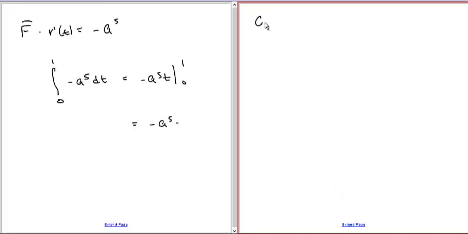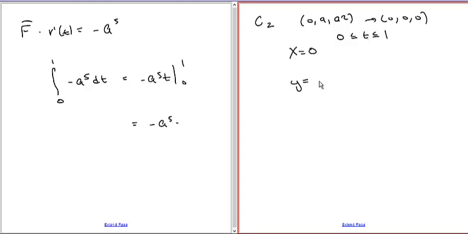And then we have the next curve. We're calling it curve 2. So that's from 0 comma a squared to 0 comma 0 comma 0. And in that case, x equals 0, y is equal to, and let's let t go from 0 to 1 again. So we're going to have 1 minus t times a.